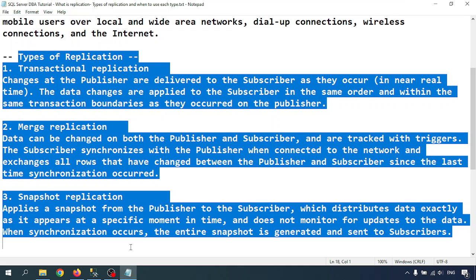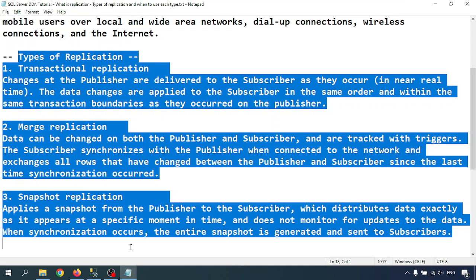Next, transaction replication comes into play when you need real-time data. As soon as some insert, update, or delete changes happen to the data at the publisher level, you need to distribute the update to all of the subscribers.